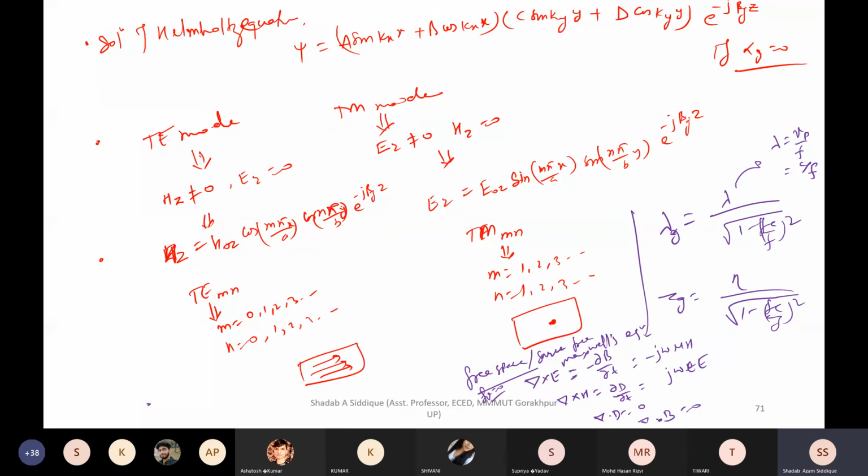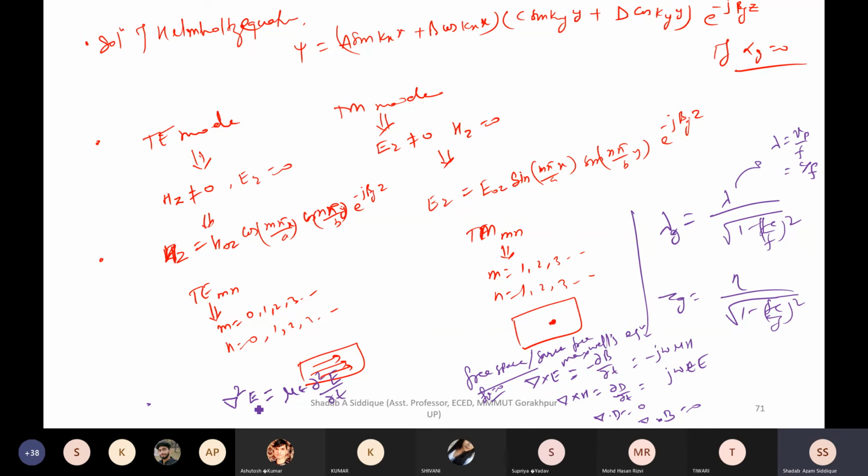Now we have the question: you take the free space or source free region Maxwell's equations, which are given, and you are asked to derive a solution of the wave equation, that is, del square E is equal to mu into epsilon del square E upon del T square.